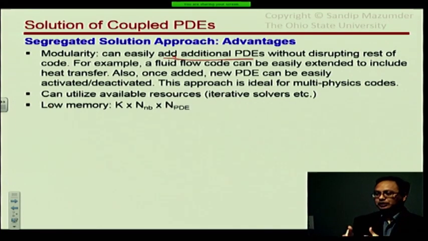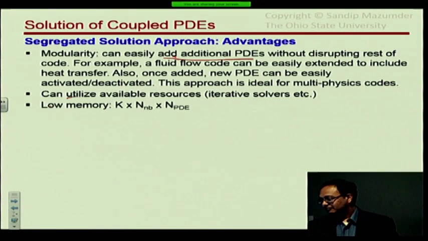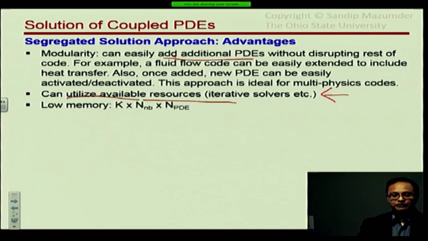You can utilize available resources. By that I mean, we have talked for 4 months about solving one PDE, solving a set of linear algebraic equations. That's all knowledge we have gained. Now if I say, well, you can't use that anymore because you have coupled PDEs, then we'd say, well, why did we even learn all that?